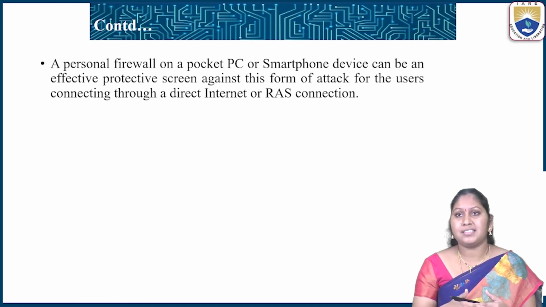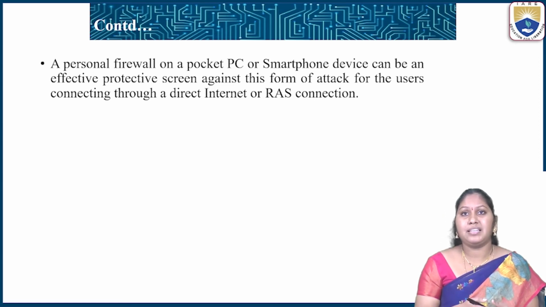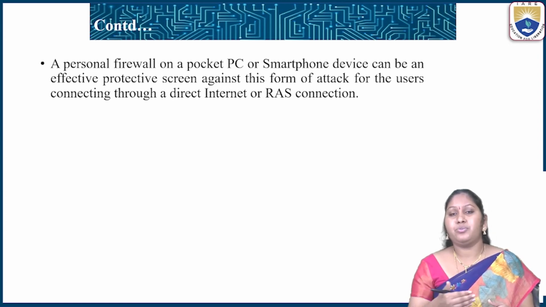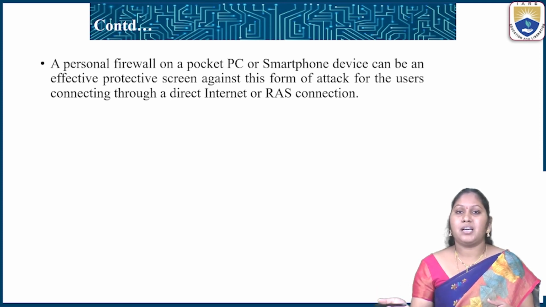If the user has either a direct internet or a RAS connection, the firewall protects against the attacker. The firewall is the protection wall between the network and the user's data. For the data we access on the internet, the firewall acts as a filter. It will filter the unauthorized data packets that are coming from the attackers.